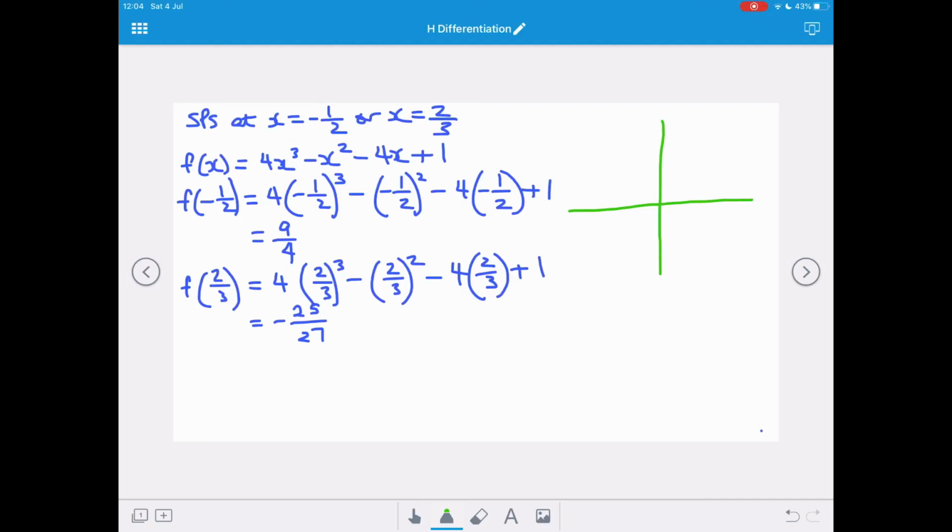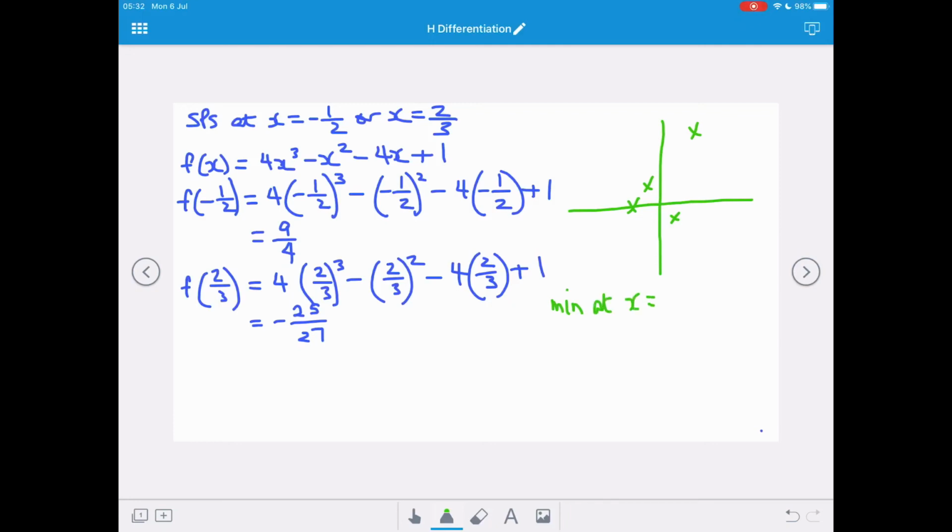We had a point at -1, 0, and then we had negative a half, 9/4. Then we had a stationary point at 2/3, negative 25/27, and the end of our interval was at 2, 21. So you can see that our minimum value is one of our stationary points, and that was when x equaled 2/3.